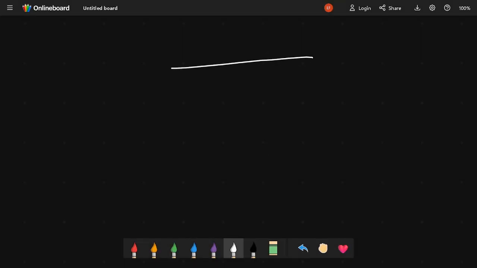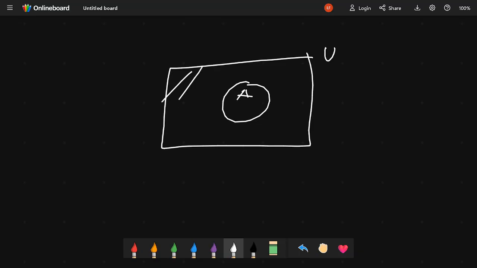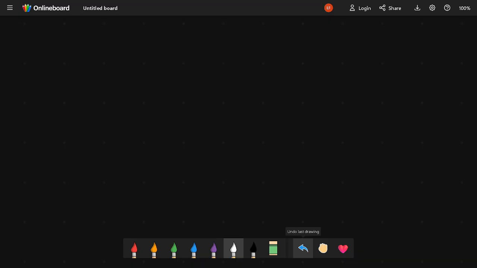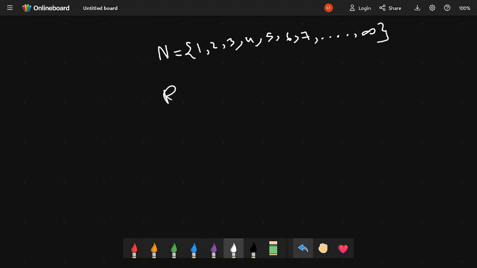And a universal set, let me discuss more about the universal set before we get into complements. If this is A, then the universal set exists outside of A, and it contains A inside of it. For example, we have the set of all natural numbers, N, and this is 1, 2, 3, 4, 5, 6, 7, all the way up to infinity. And there is the real number set, and this starts from negative infinity, goes all the way to 0, and then all the way to infinity.